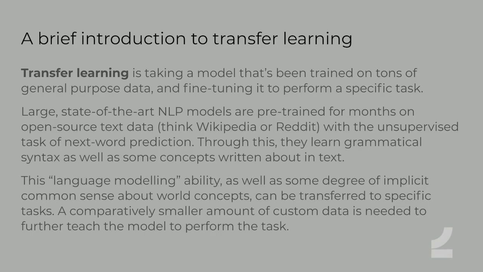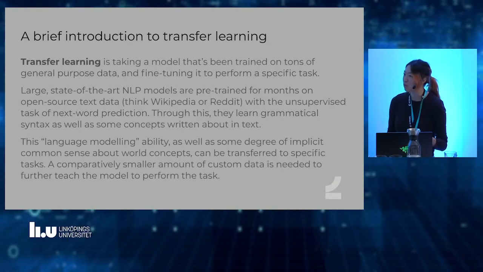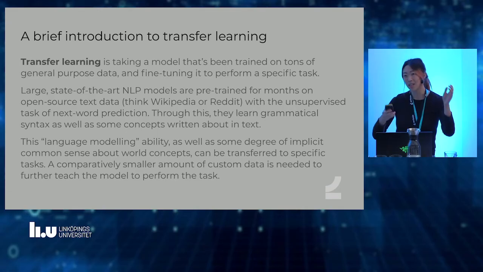So these models are usually trained for months on maybe all of Wikipedia or all of Reddit with an unsupervised task. That means they're just trained to read some internet text and then predict the next word, and you have a natural learning objective that way.